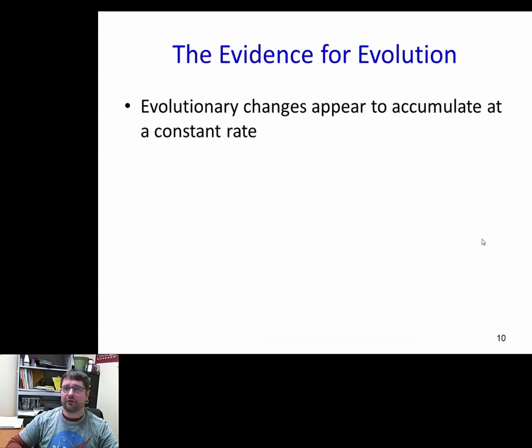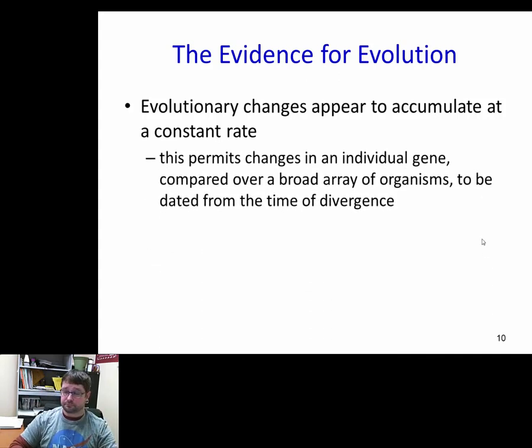The other thing is we can start looking at evolutionary mutations because some mutations accumulate at a constant rate. And it's predictable how many years you would see before you'd see a slight mutation, maybe 1 amino acid difference or something like that. That change in a single gene allows us as scientists to then document when was the last time these two organisms shared the same gene?